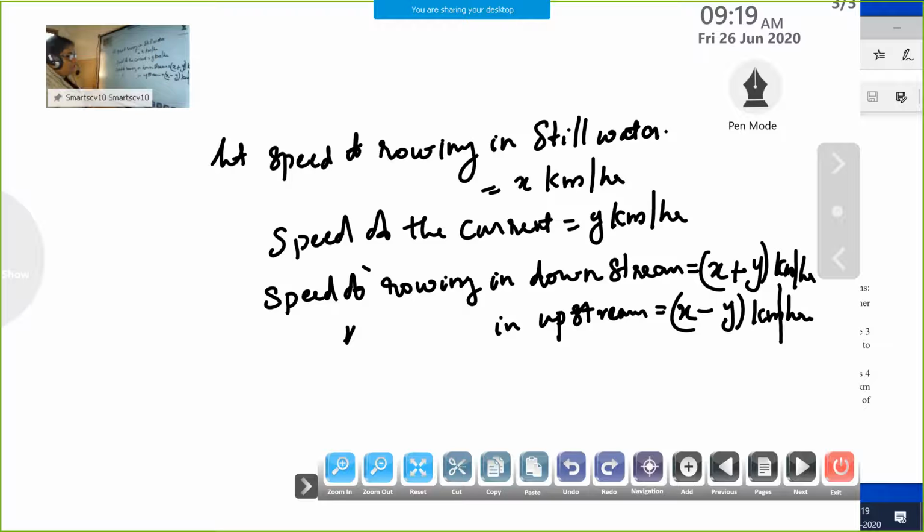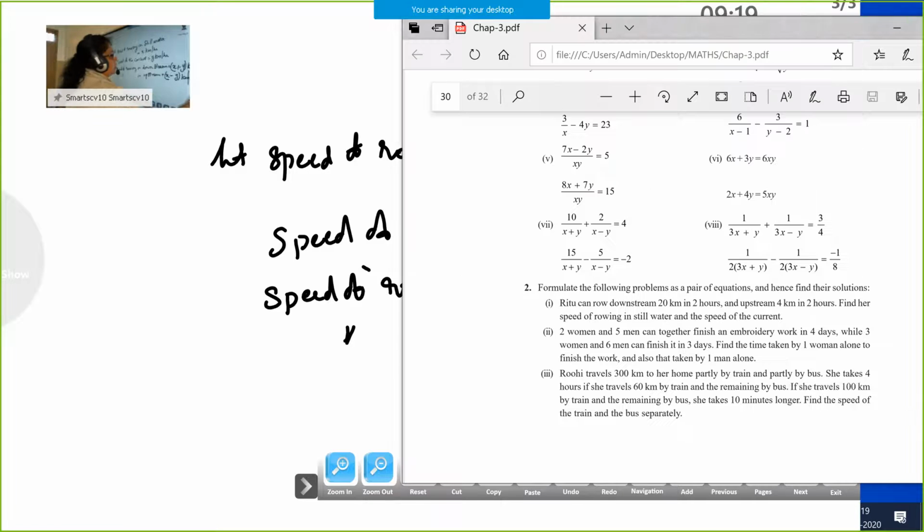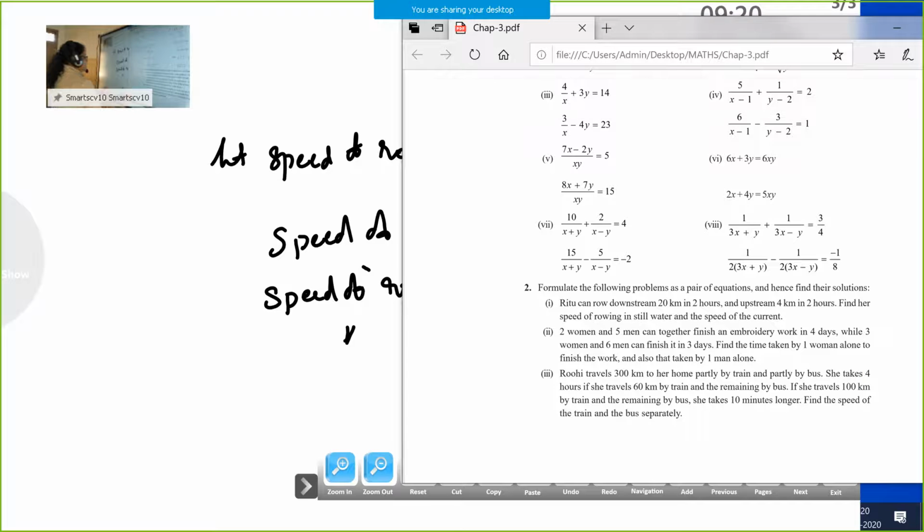Downstream, the speed is on the way, so it is added and the speed is increased: x plus y. In upstream, speed is decreased: x minus y. Clear? Then, according to our question, Ritu can row downstream 20 kilometer in 2 hours.